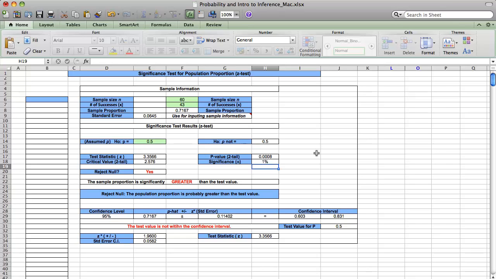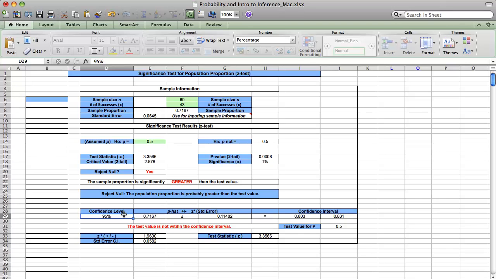Our result is statistically significant at the alpha equals 1% level, which is why we can say the result is highly statistically significant. In other words, instead of just rejecting the null of 50%, we strongly reject the null of 50%. Our 95% confidence interval gives us a more practical way to understand why.